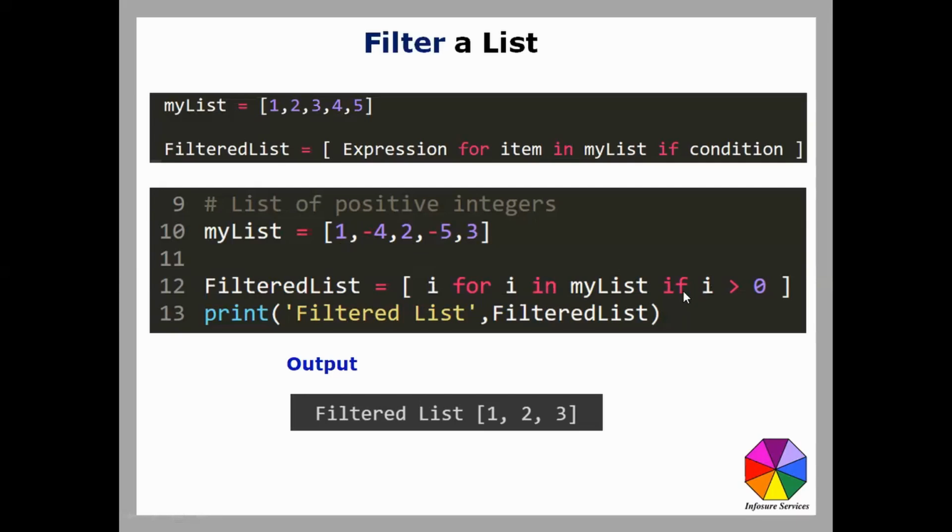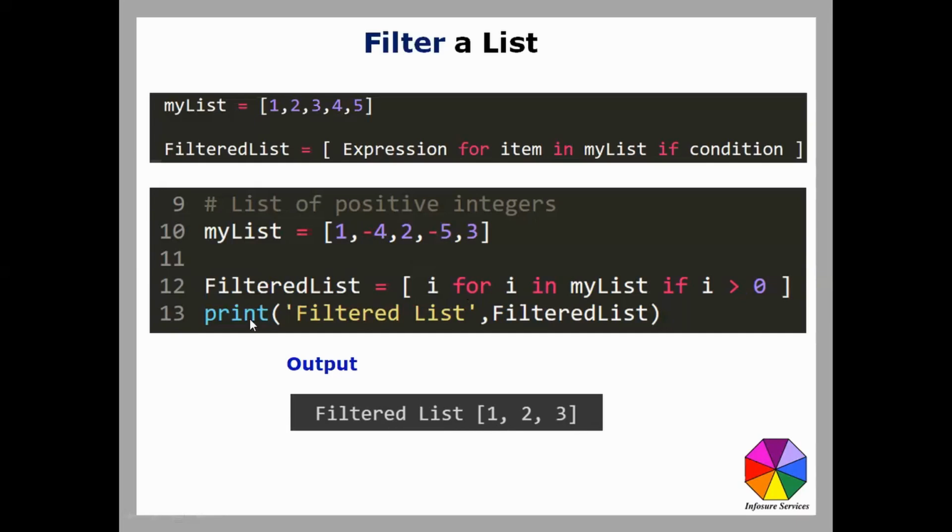So for i greater than 0, 1, 2 and 3 will be selected from this list. For i in my list, it filters only positive numbers, and the value of the filtered list is just i. So the filtered list comes out as 1, 2 and 3.